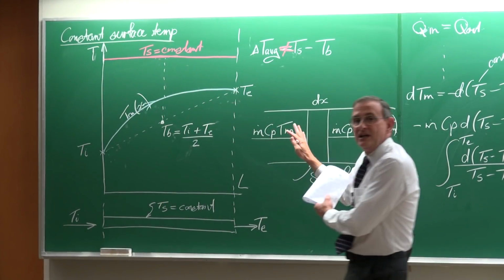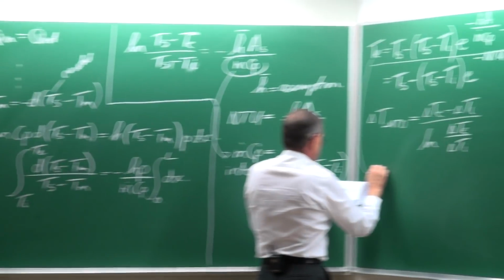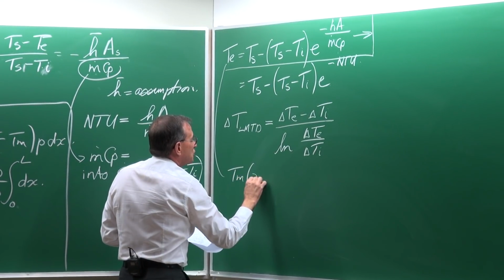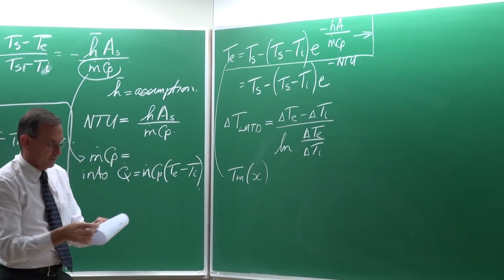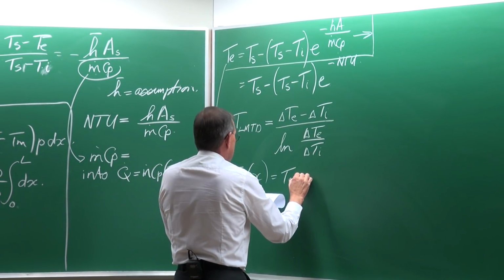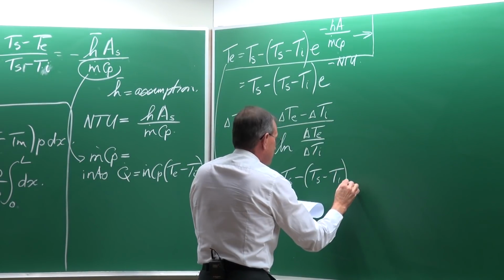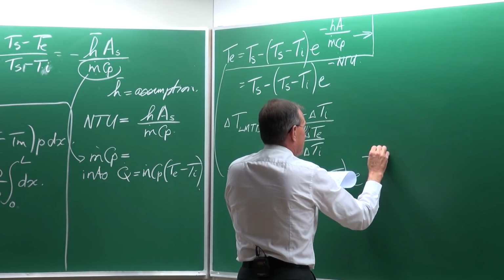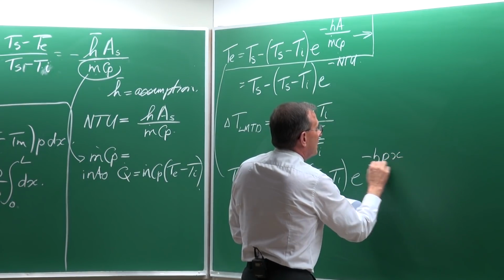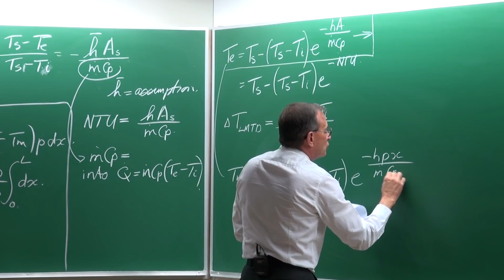You can redo all the mathematics, and you are going to get the mean temperature at any point x equal to the surface temperature minus (the surface temperature minus the inlet temperature) e to the minus h p x, where p is the perimeter, divided by m dot Cp.